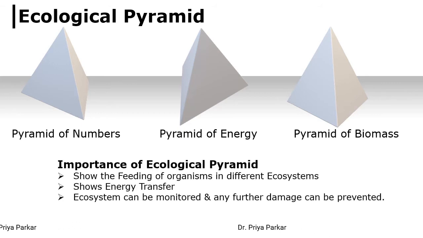The study of ecological pyramid is necessary because they show the feeding of different organisms in different ecosystems as well as energy transfer across the trophic levels. This helps us to monitor if any damage has been done to the ecosystems, which we can prevent and protect the ecosystems from its destruction in the future.